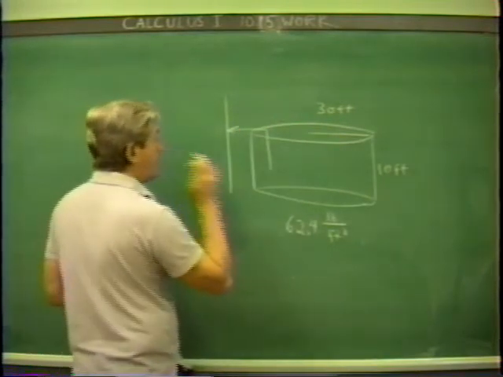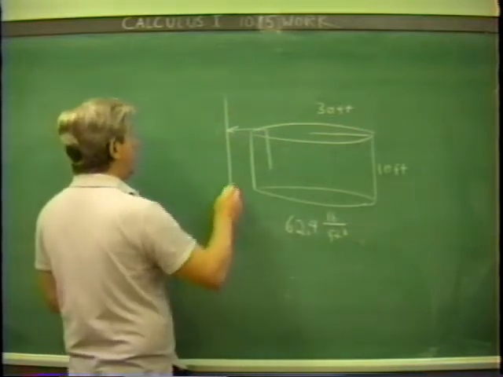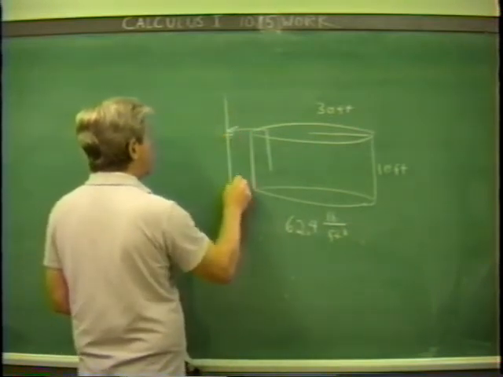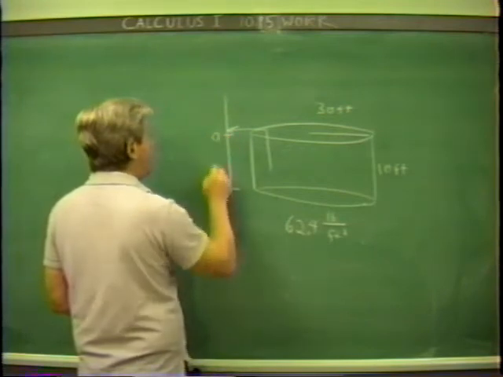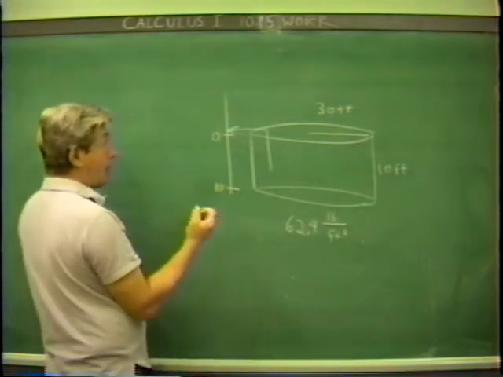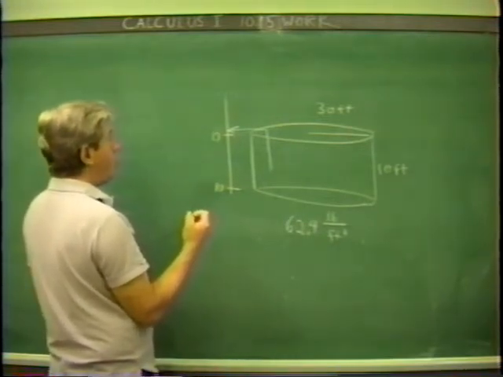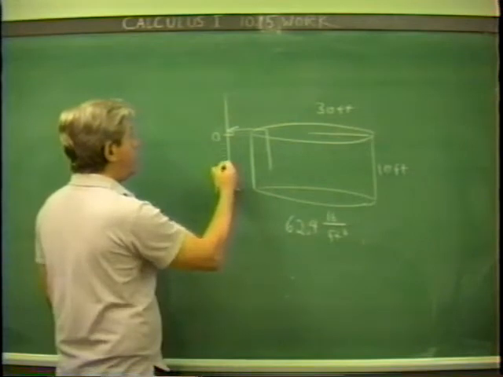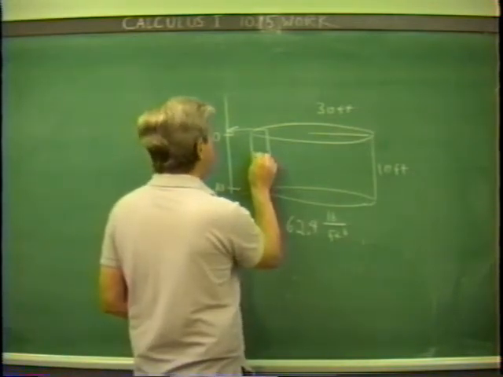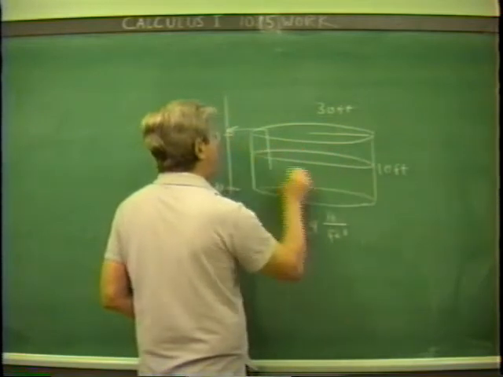Right? Well, different parts of the water are going to have to be lifted different distances. The bottom is going to have to be lifted the most, the top will just have to be lifted a little. So what we want to do is partition this, let's say putting a 0 here and a 10 down here. It's really not that essential where one places the partition.